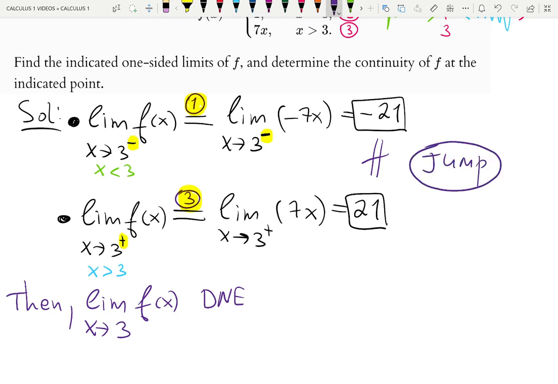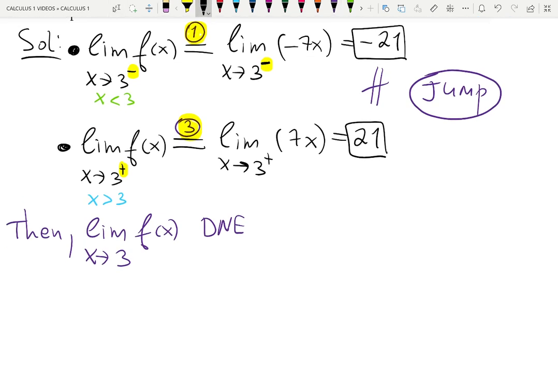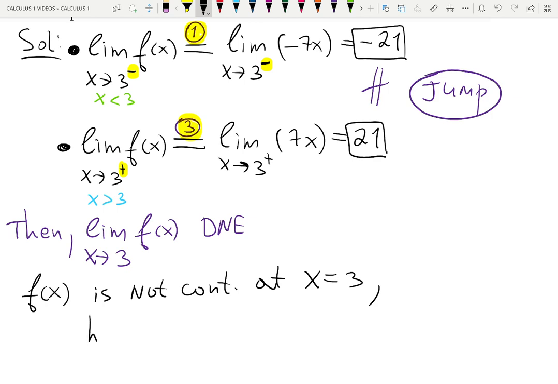Jump is a type of discontinuity. So I can say that f of x is not continuous, or it's discontinuous at x equals to 3. Moreover, it has a discontinuity called a jump at this point x equals 3.